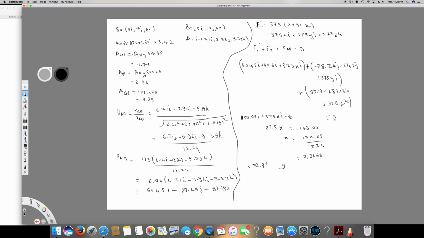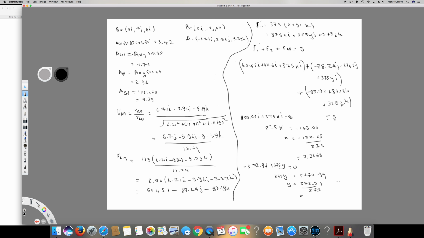It's negative, plus 375y equal to 0. So y is equal to 372.94 over 375.